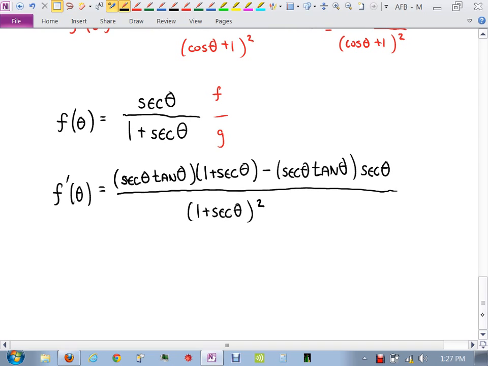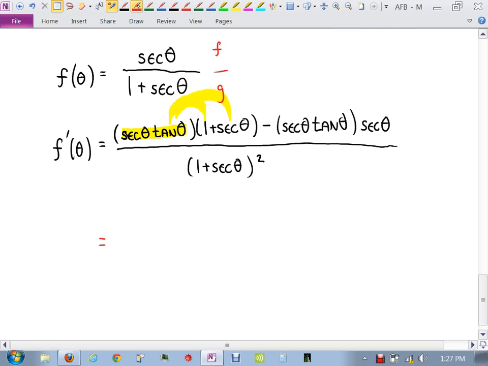Now, again, I'm not afraid to try and simplify this. What I'm going to do is take this secant theta tangent theta and distribute it through here. So I would get secant theta tangent theta times 1, which is itself, plus what's secant theta tangent theta times secant theta?